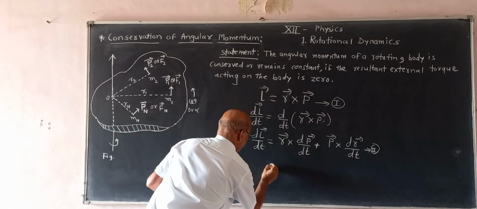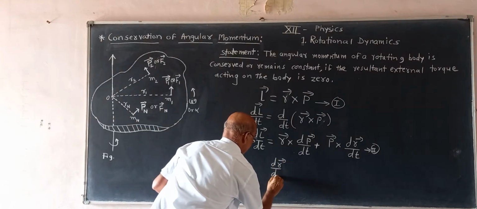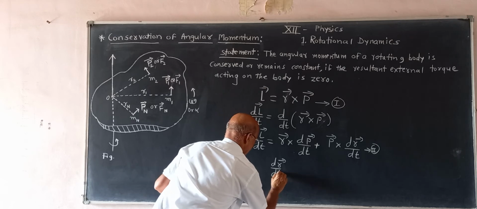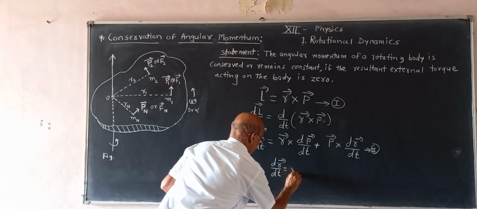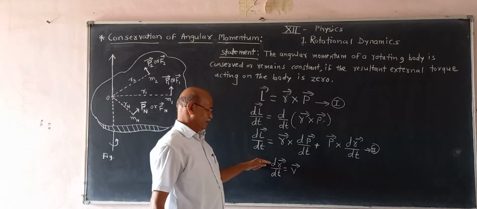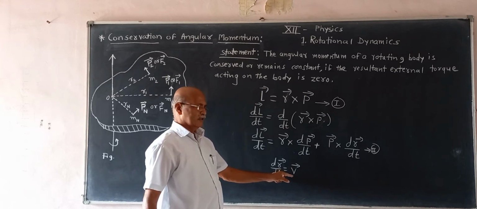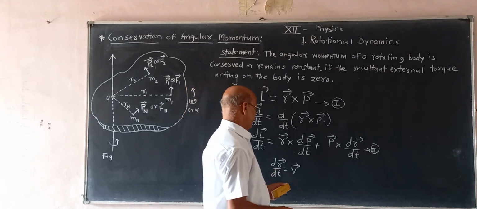But dr by dt is the velocity of the body, that is, the rate of change of displacement with respect to time is called the velocity of the body.